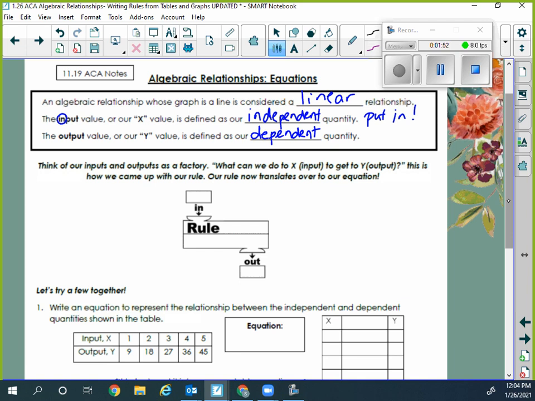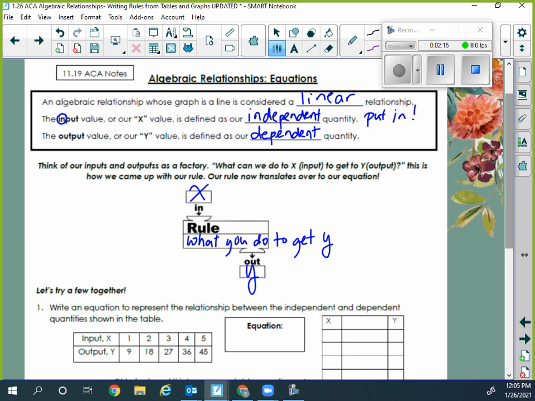This is how we come up with our rule. Our rule now translates over to our equation. So your x is always going to be in. Your rule is what you do to get y. So your out is going to be your y.